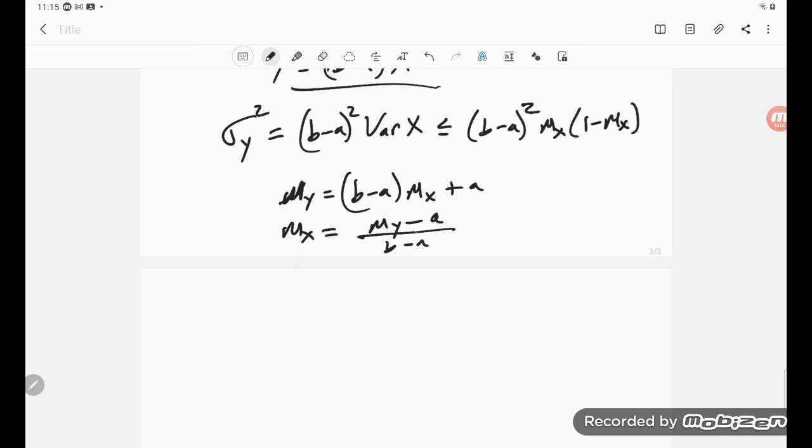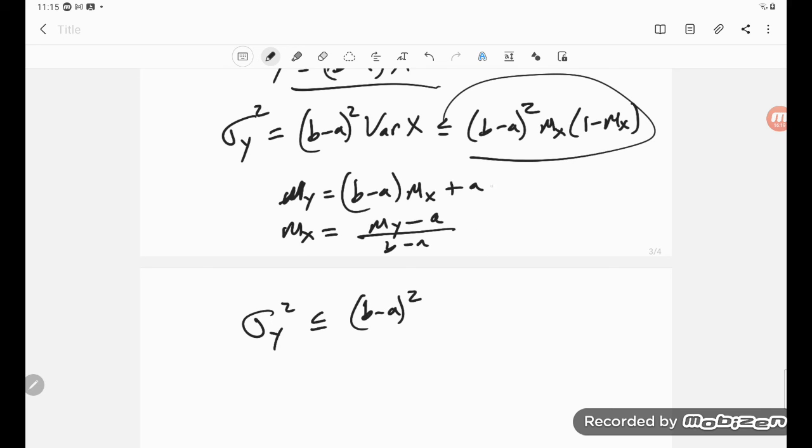And so if I substitute that back into here, I end up with the inequality that I want, because I've got my b minus a squared and then the mean of x, so I've got my minus a over b minus a. And of course, one of those is going to cancel.